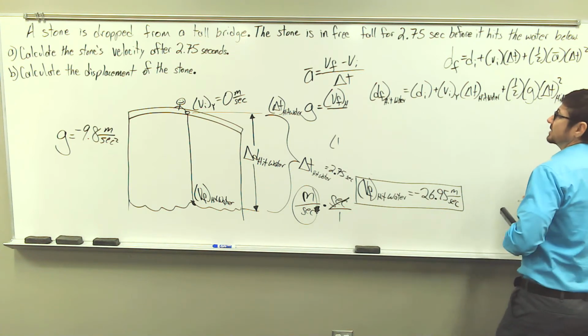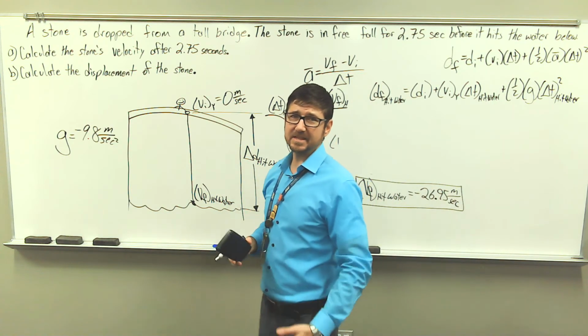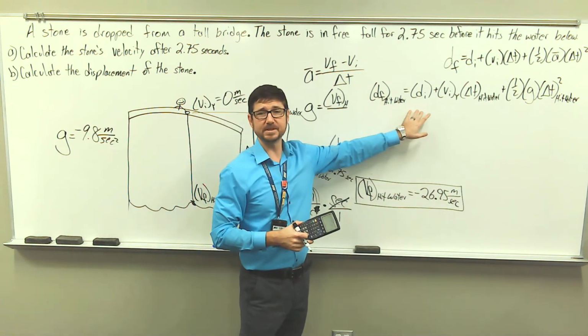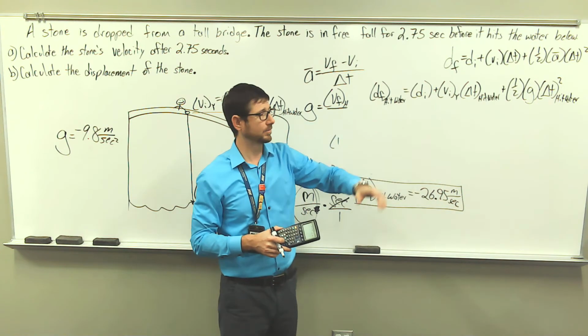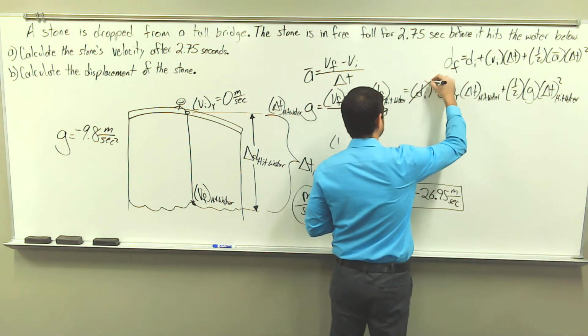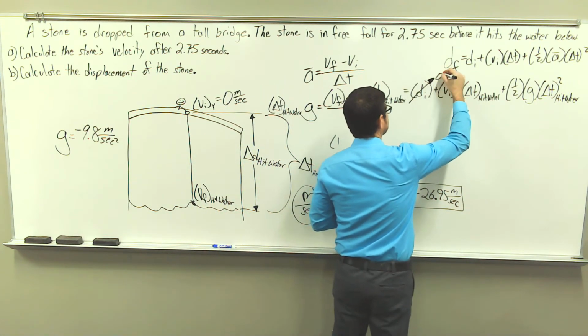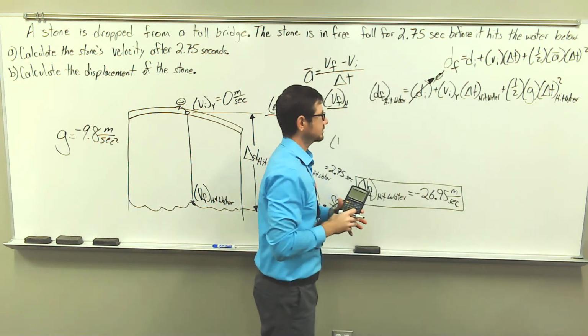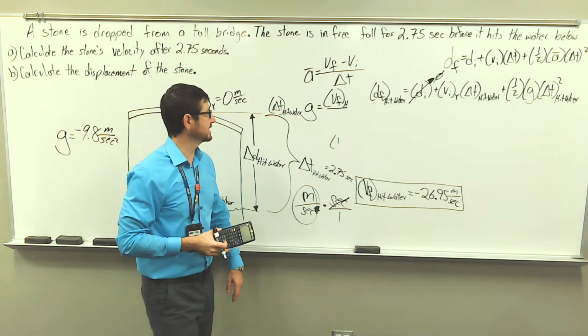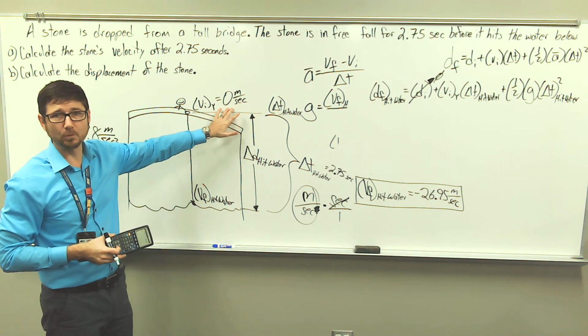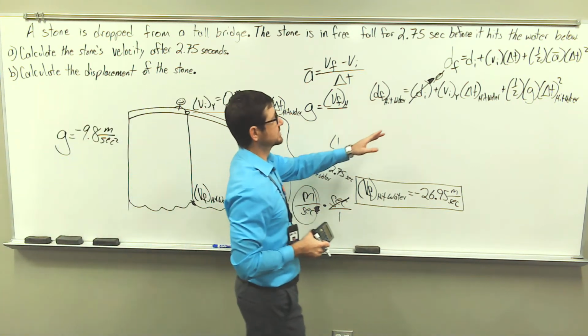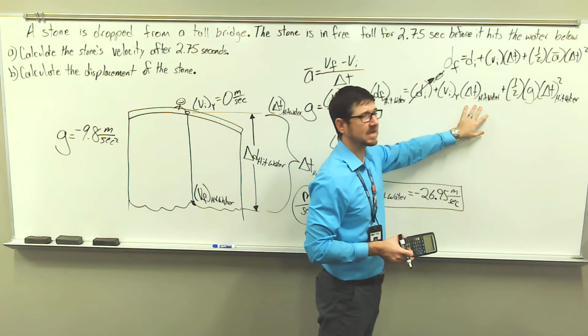Okay? Now, the easy thing about this problem when we're using this equation, our initial displacement is 0. So let's go ahead and cancel this out. The initial velocity in the y direction, we have already identified this. This is 0 meters per second. So 0 times any time interval.